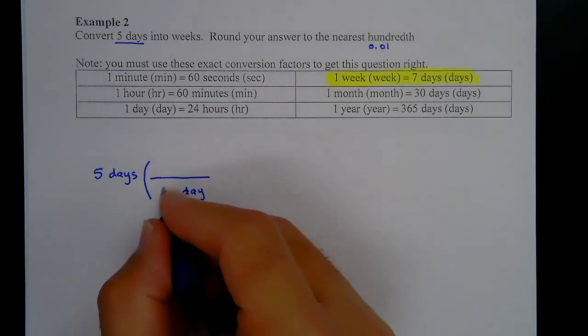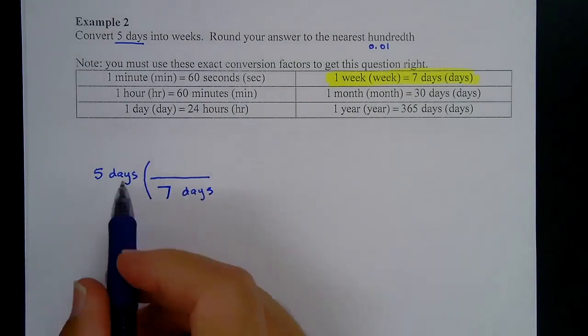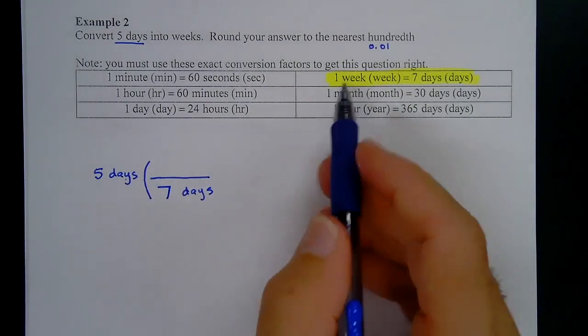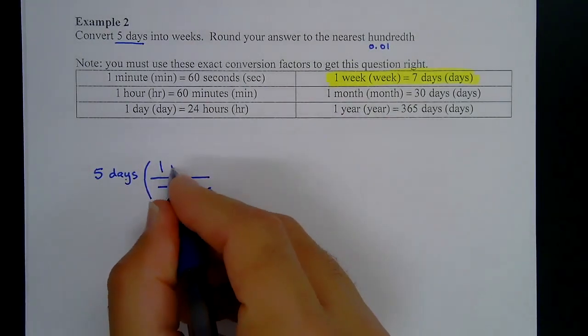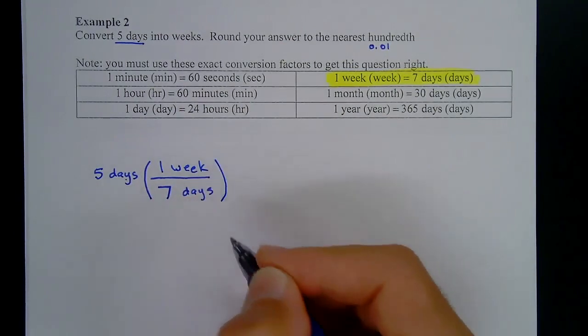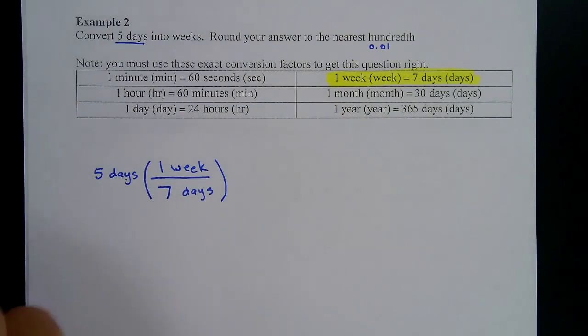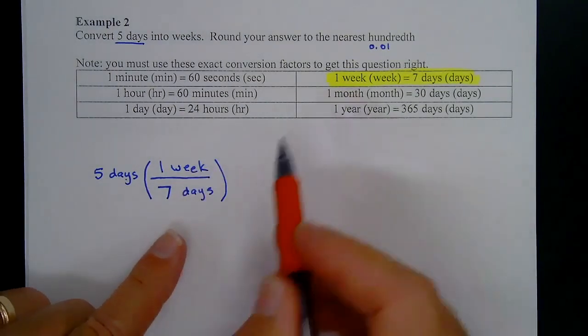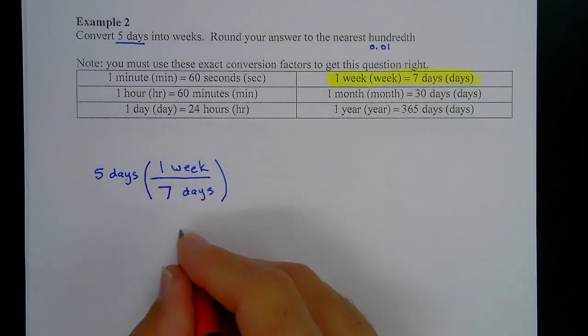So we want to do 7 days, because my days are going to cancel here, and 1 week. So this 1 week over 7 days is equivalent to the number 1.